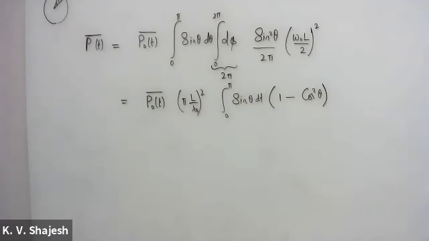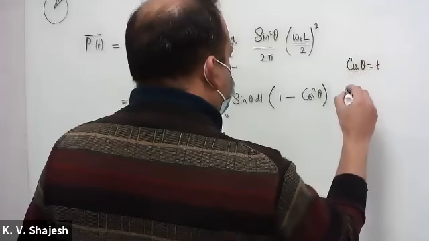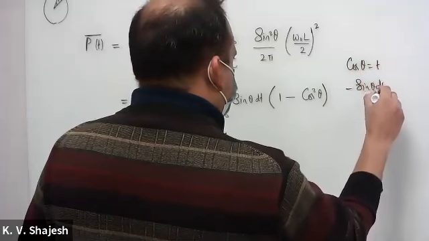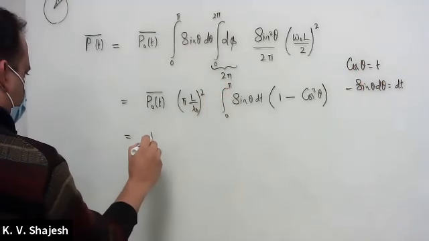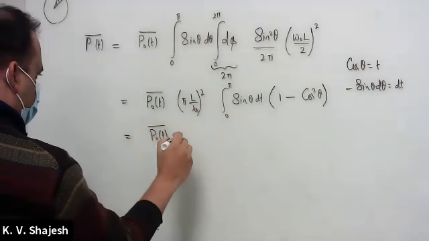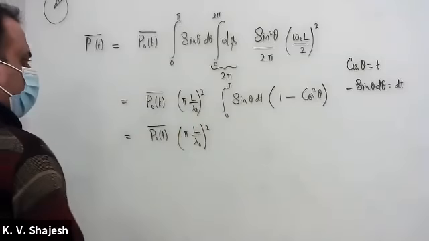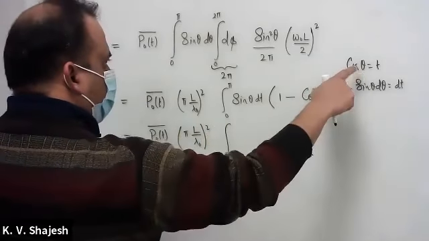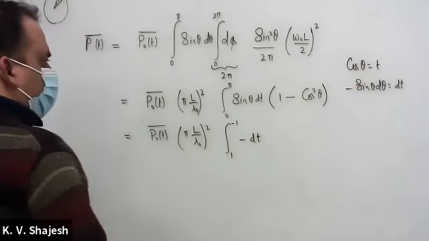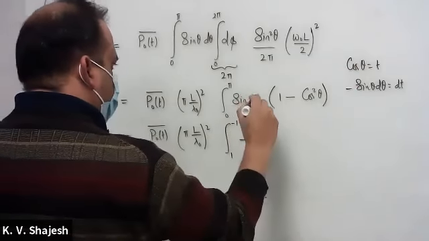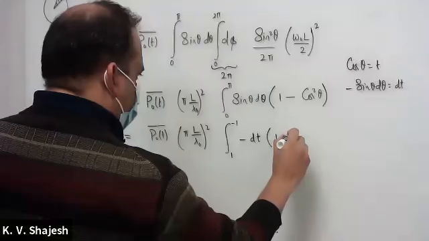Typically, in this case, cosine theta is equal to t, and minus sine theta d theta becomes dt. The limits go from 1 to minus 1, and that is a negative sign. When theta is equal to 0, that's 1 to minus 1, minus dt. Oh, sorry, this was d theta, and now this is dt, and we have 1 minus t squared.